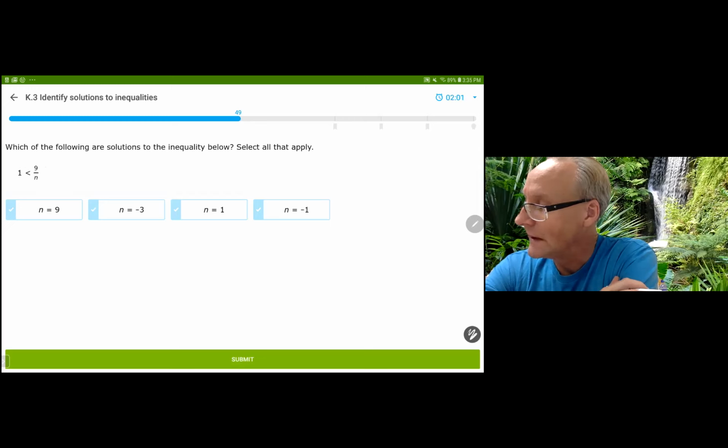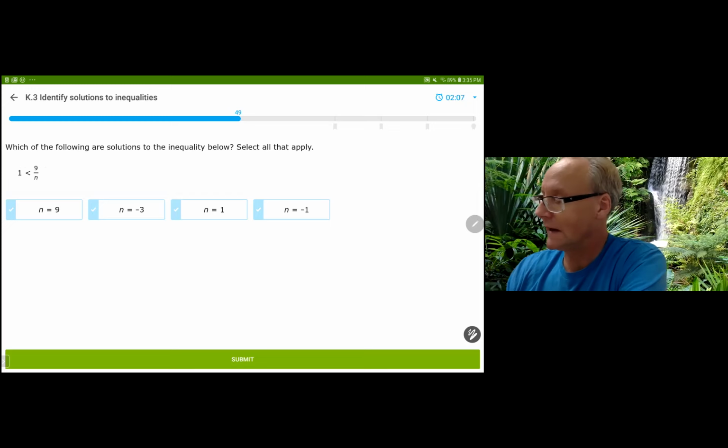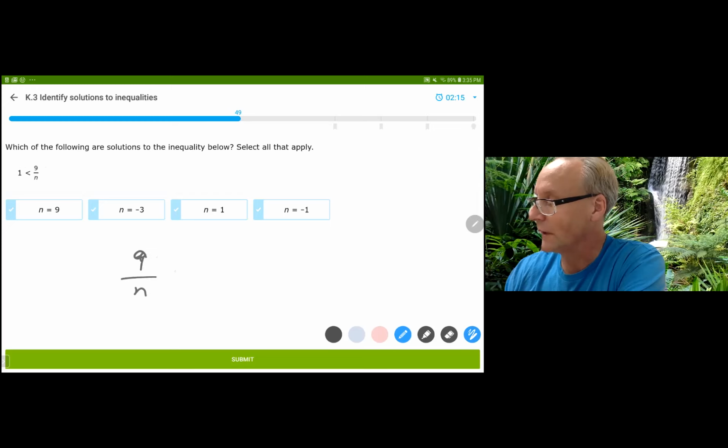We want to divide by n, 9 over n, and get something greater than 1. Notice that 9 over n is greater than 1. It probably looks a little bit nicer when you write it like this.